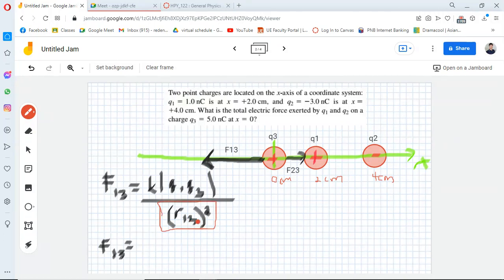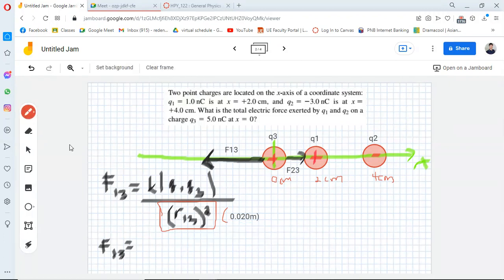So this R13 is the separation distance between 1 and 3, obviously. So ano kaya yung layo nila? So from the setup, we can clearly see that they are 2 centimeters apart. Tama, no? But you need to use an SI unit, kaya ang dapat mong gamitin sa separation distance is what? 0.020 meter.